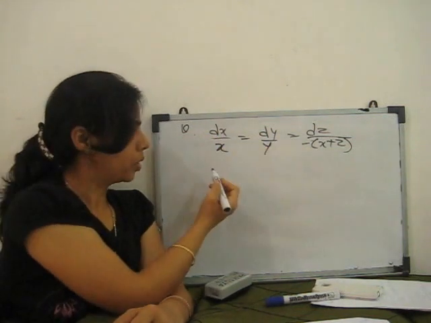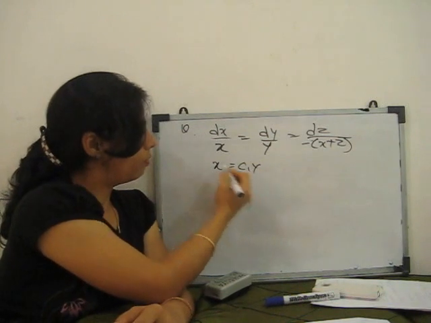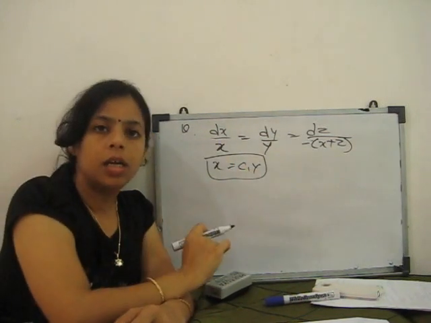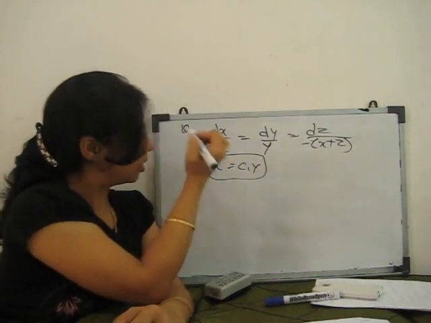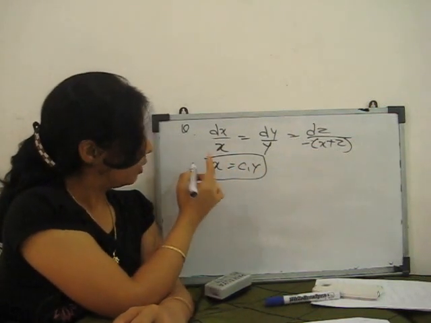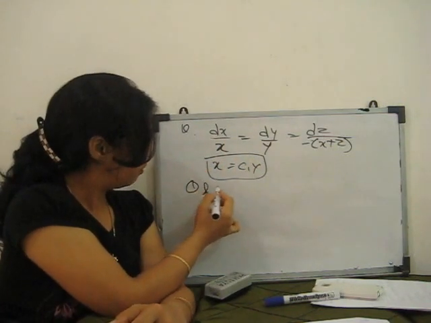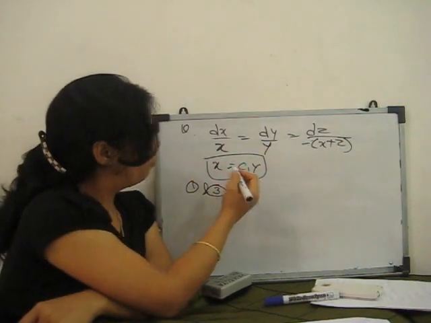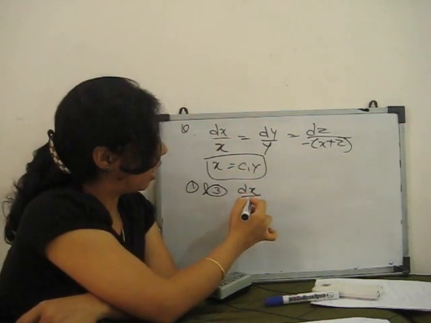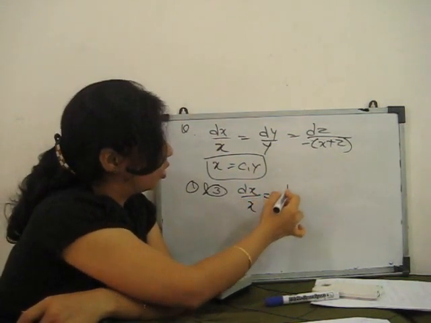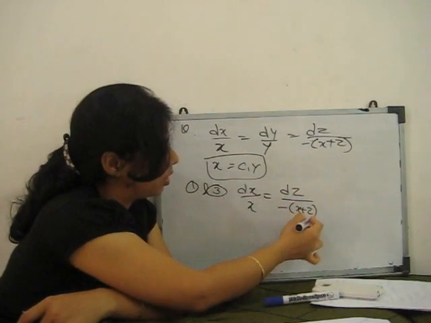So x equals c1 y if we omit the logarithm. Second, if we use first and third, first and third gives dx by x equal to dz by minus x plus z.